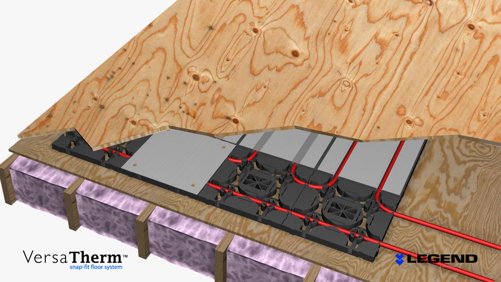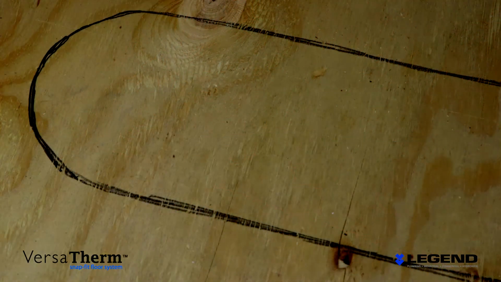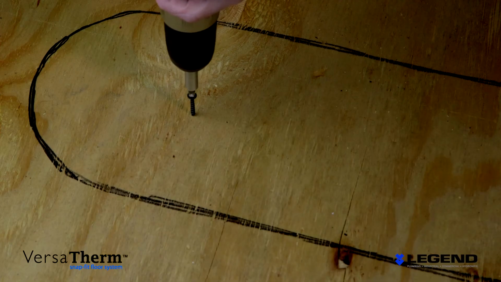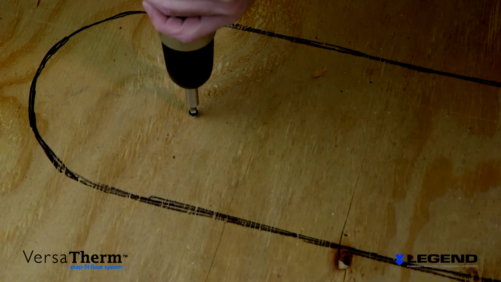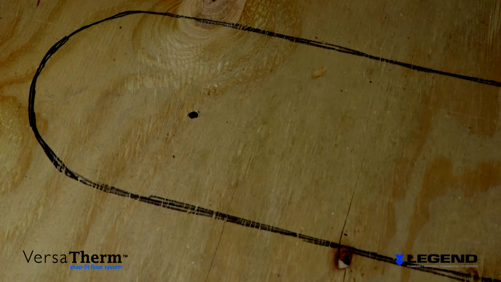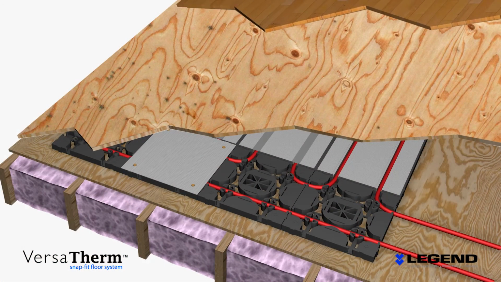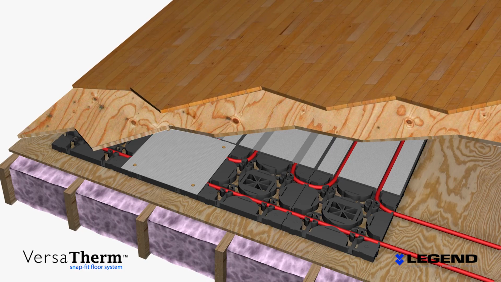It is very important to stay clear of the tubing channels when selecting screwing locations, so as not to damage the tubing. The nailing surface and VersaTherm layers are secured to the subfloor with 2-inch screws. Use a minimum of 6 screws per panel. It is recommended that you consult with the floor covering manufacturer and the installer for further guidelines. Once the layers are secured to the plywood subfloor, you are ready to lay down the hardwood.